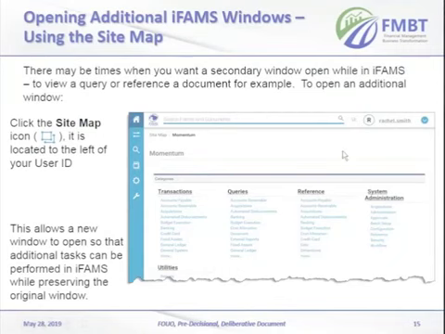So it's a great way to actually open a second window if you wanted to, let's say, do additional tasks. So let's say, for example, you are entering a budget transaction. You're able to use a site map to open a second window to check your budget query. So let's say you wanted to look for a fund. That's actually where you can open up a second window, and that will be very handy.